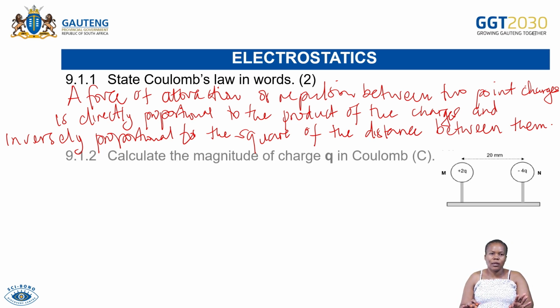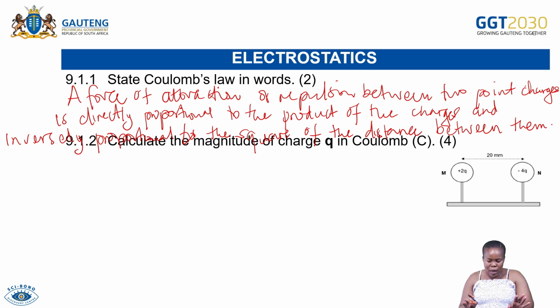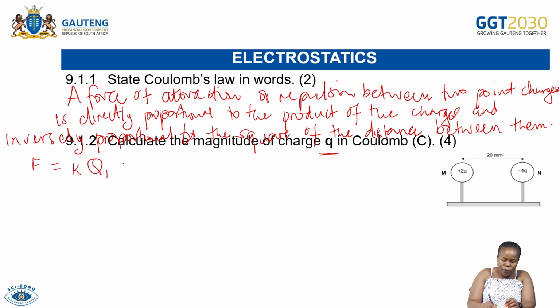Looking at a different question, they say calculate the magnitude of charge Q in coulombs. So what is it that we do know? Let's first write the formula as it is. We say F equals K Q1 Q2 over R squared.